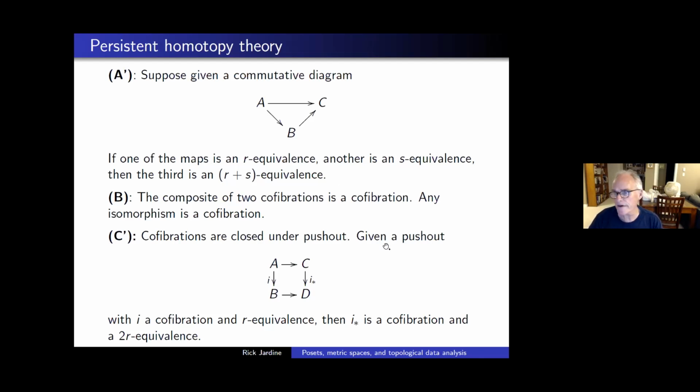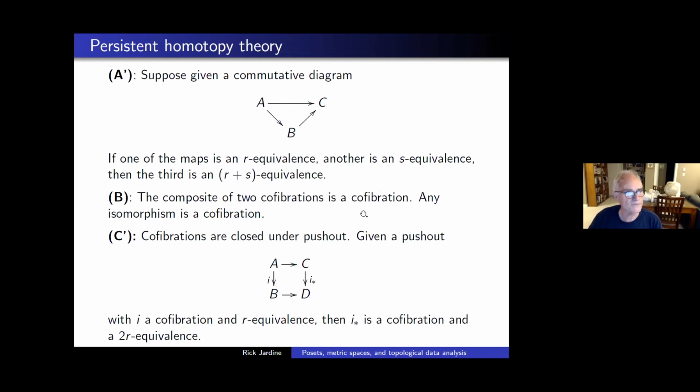And that's what's going on here, except we had to adjust, as I said, the triangle axiom. So it's not the case that if you have A to B being an R equivalence and B to C being an R equivalence, then A to C is an R equivalence; it's a 2R equivalence, okay? So you have this adjusted statement that I wrote down before.